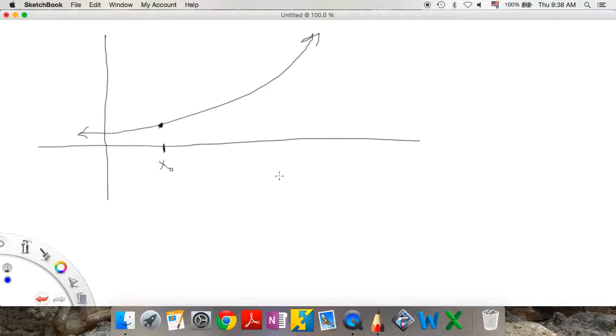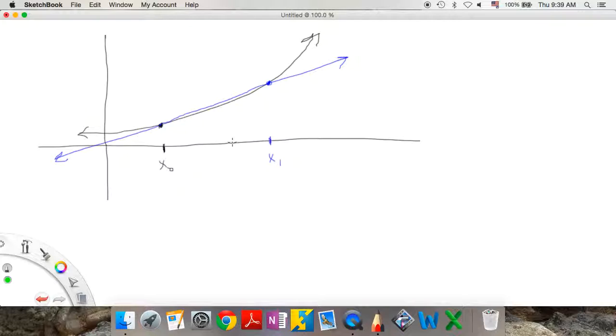And let's say we've got this other x value here, and we want the average rate of change between these two. So we would draw a secant line, and here we'd find the slope of that secant line, and then we would have our average rate of change.